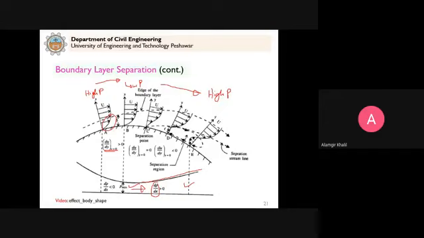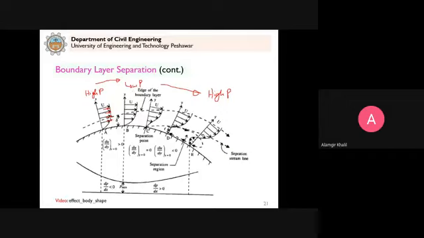So what will be the effect of that? In case of the favorable gradient, from high pressure to low pressure, the pressure is pushing this velocity in this direction.